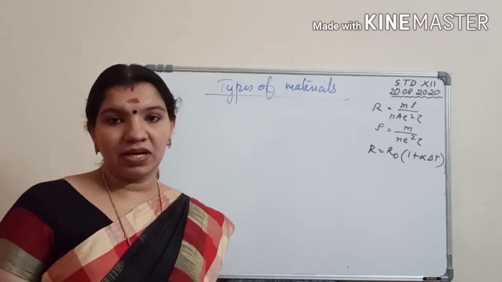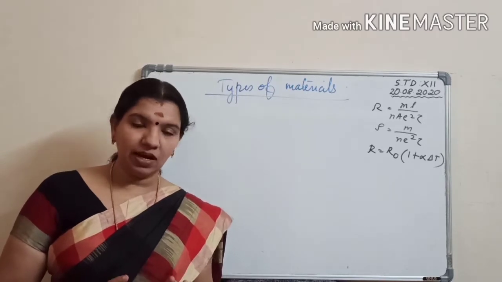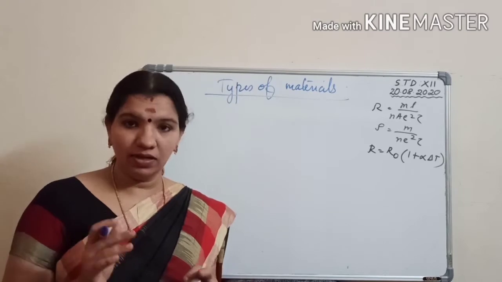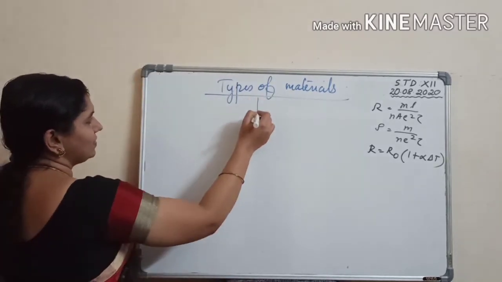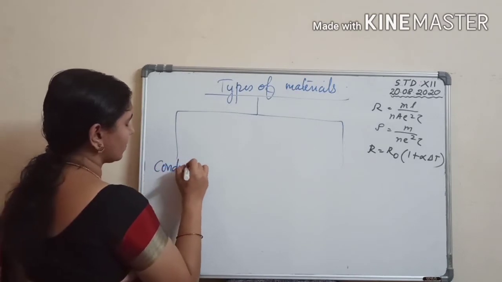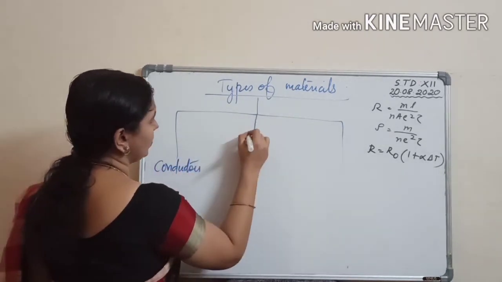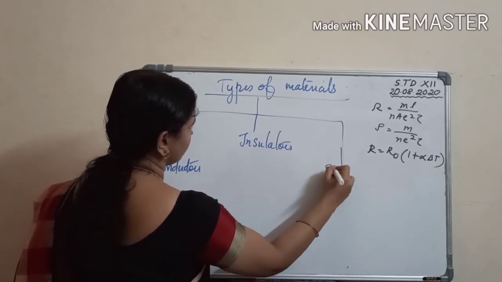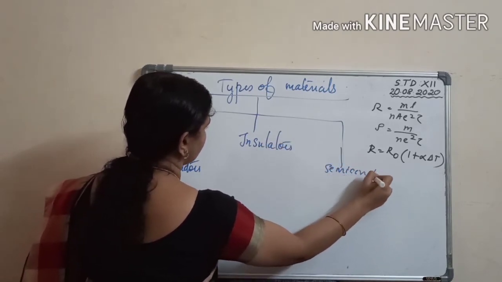Now the materials are mainly classified into three: conductors, insulators and semiconductors. You have studied this. So what are conductors?